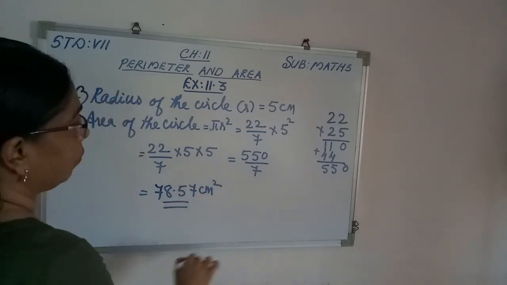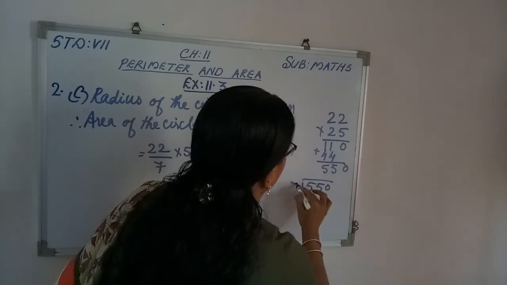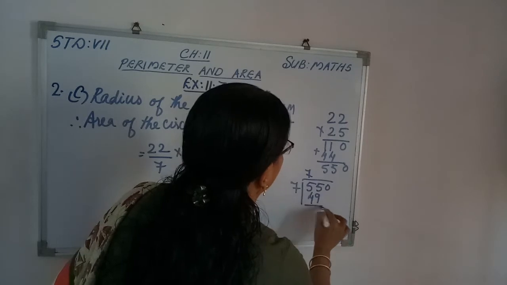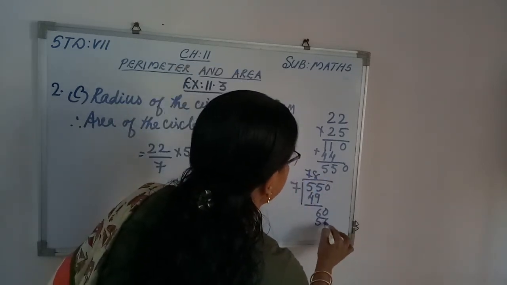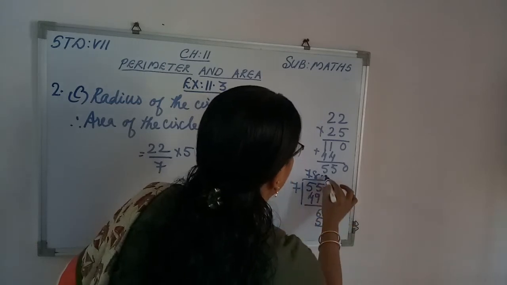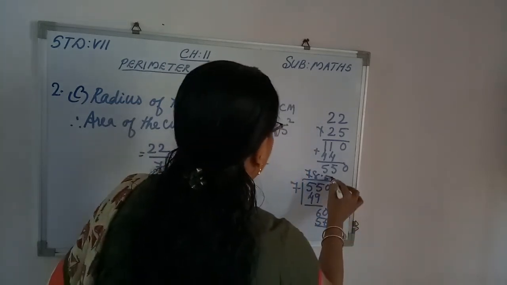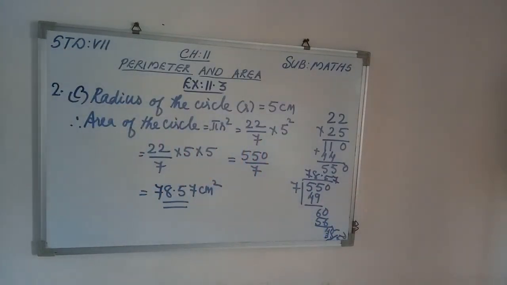You can divide 550 with 7. 7 sevens are 49. So 78.57 centimeter square.